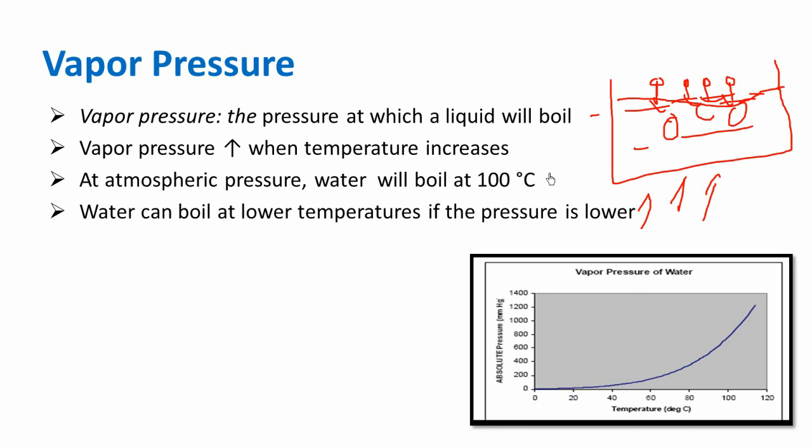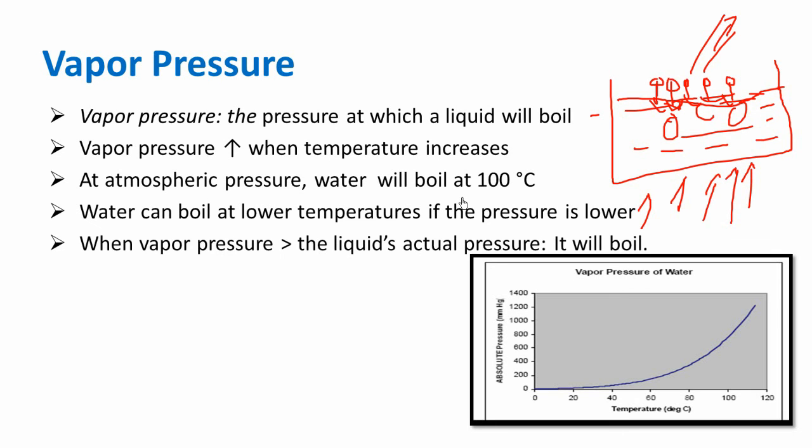Water can boil at a lower temperature if the pressure is lower. If the pressure exerted by the bubble increases, then the boiling point of the liquid also increases. So if you remove these bubbles from this surface, then the pressure acting here will be lower, and the water or liquid can boil at a lower pressure.